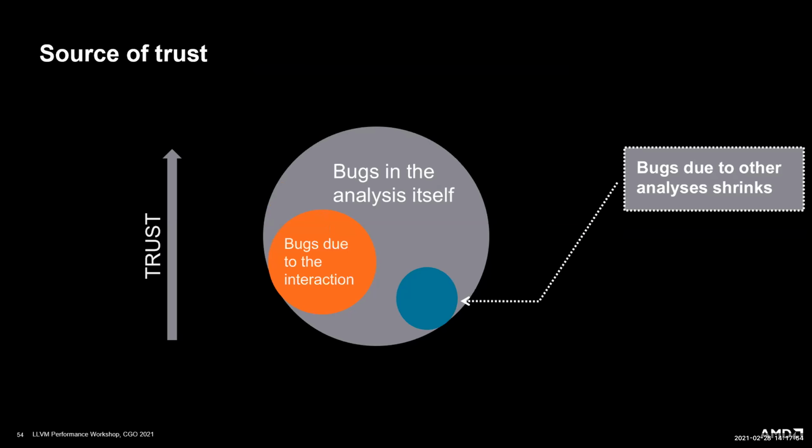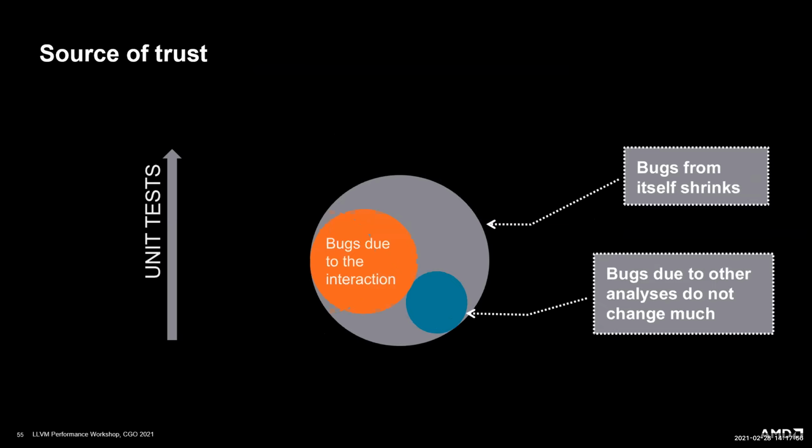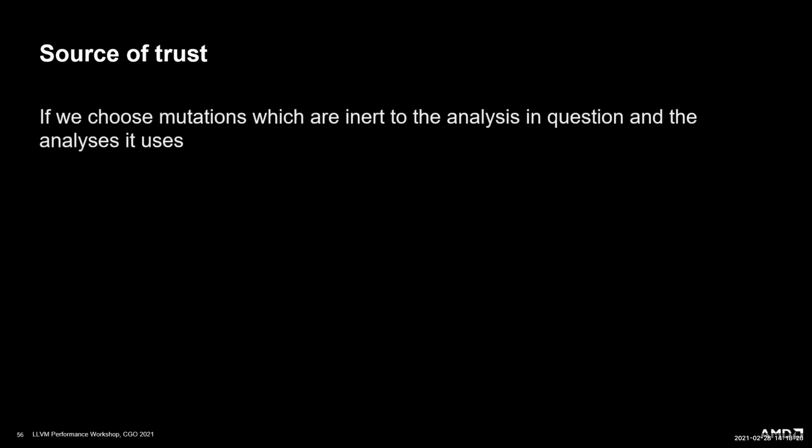Now let's say as we test the analysis more and more, we are reducing the chances of bugs that can arise due to implementation, or bugs that can arise due to the analysis itself, again making us more inclined toward our goal, that is, to reach the bugs that are at the interaction of the analyses.